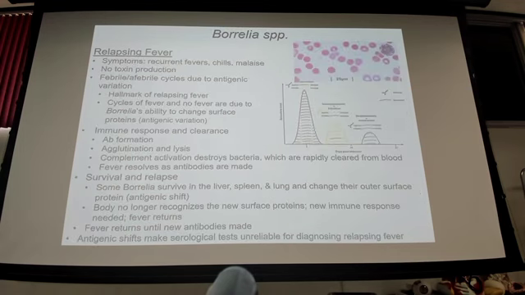And also the presentation itself. We talked about what relapsing fever means, when you have fevers that are spiking and then clearing of the organism and then spiking again and clearing of the organism. That is caused by what? Antigenic variation, yep, exactly.